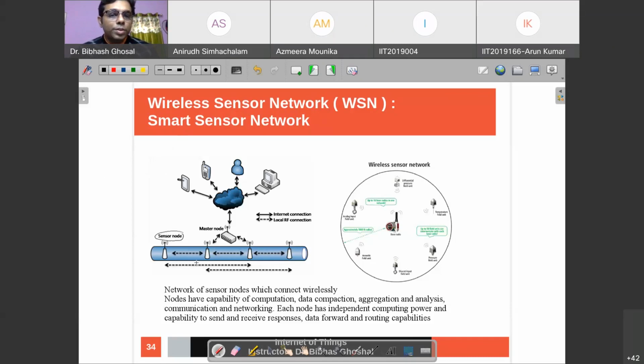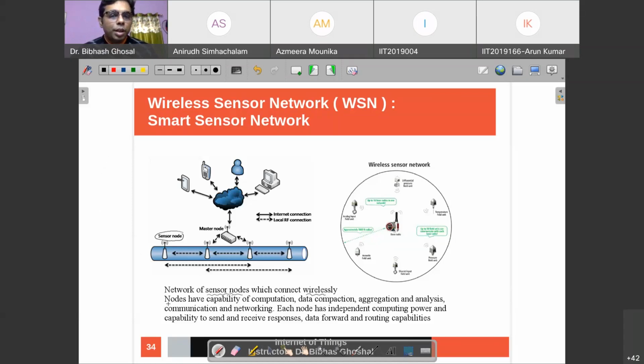Now, what you do is you connect them to form a network. And these sensor nodes are connected wirelessly. As I told you, we have different kinds of nodes available with us, which connect through different wireless protocols. It can be Bluetooth, it can be Wi-Fi, low power and low range, obviously, but they can communicate.